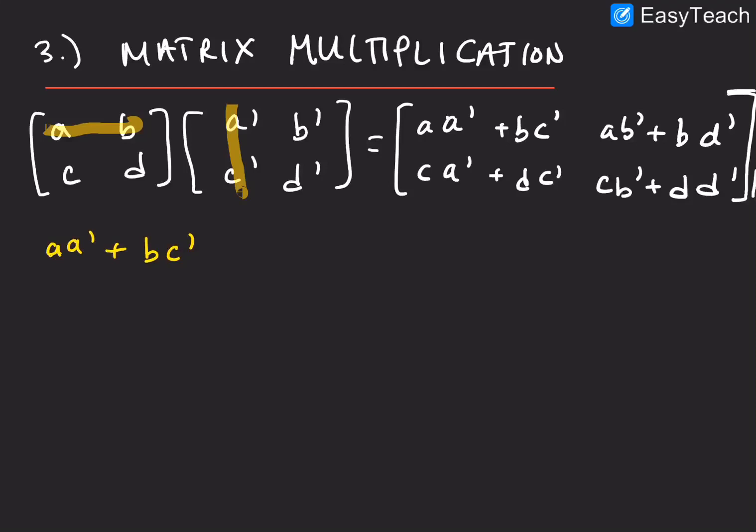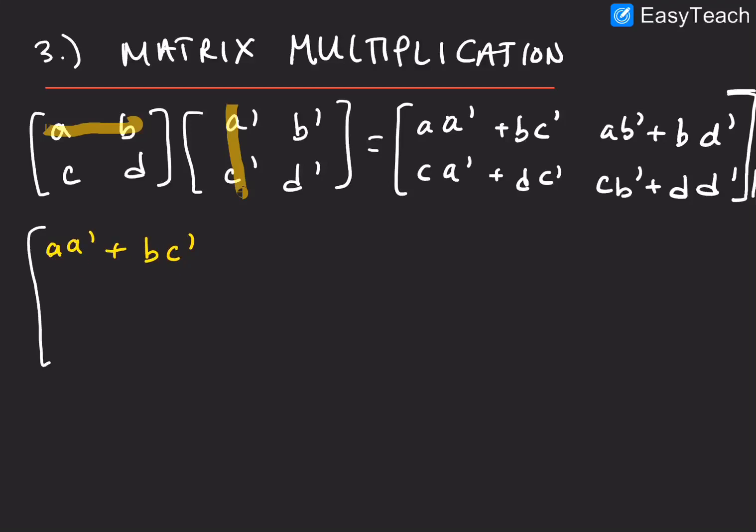Okay, I hope that was pretty clear. So that was A times A prime plus B times C prime. And that is the first term in our matrix. So whatever that is, that's our first term.